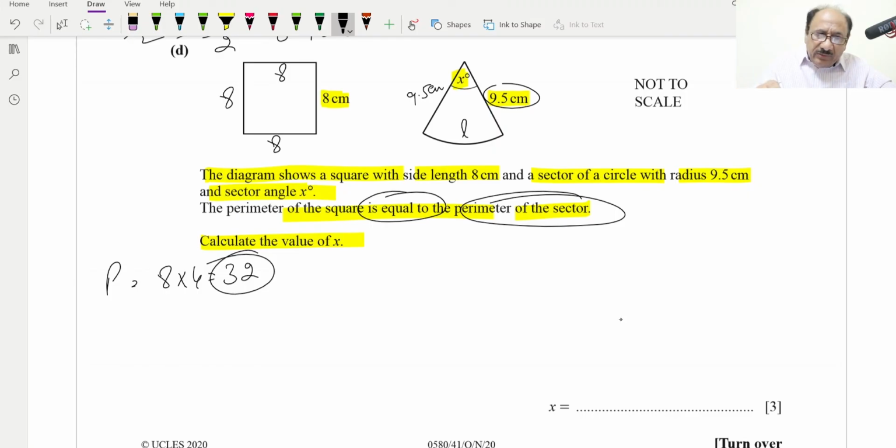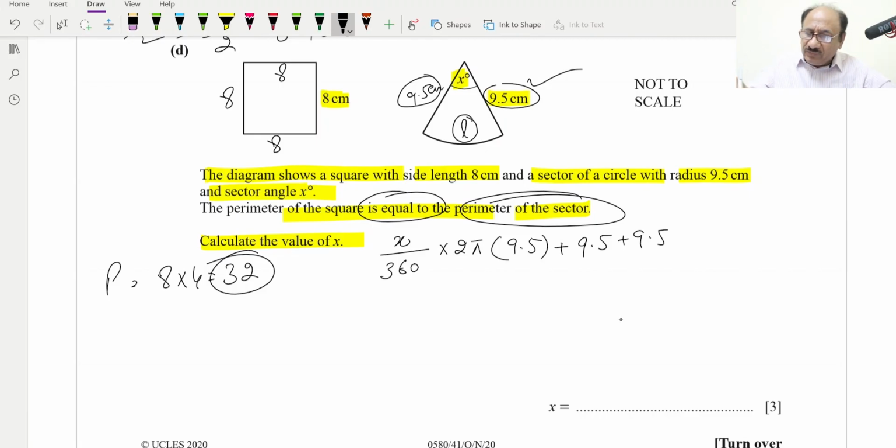So for the arc we have the formula x over 360 into 2 pi r, where r is 9.8, plus the two sides, 9.8 plus 9.8. This is the complete perimeter of the sector, and it is equal to 32, which is the perimeter of the square.